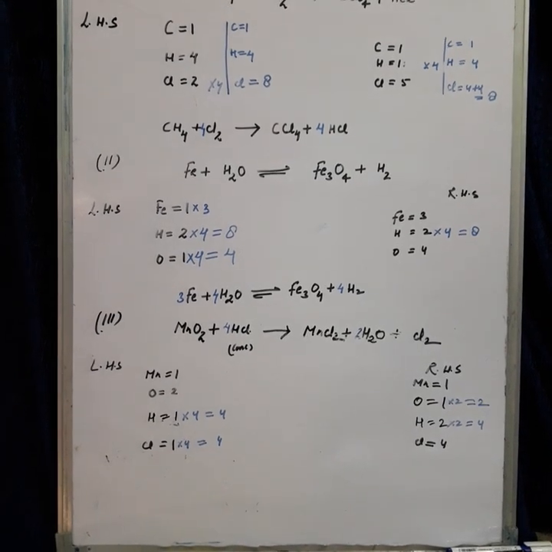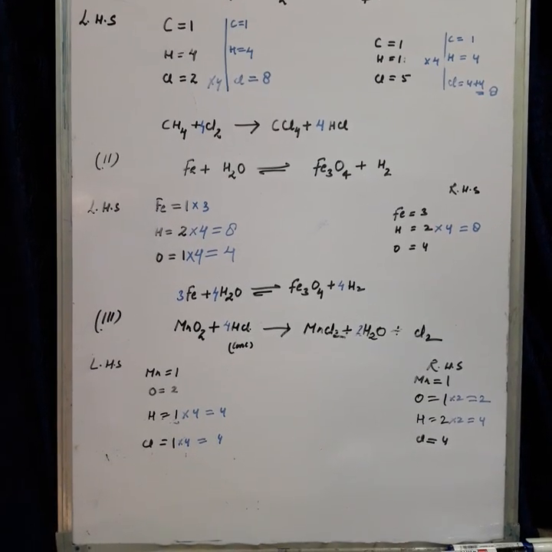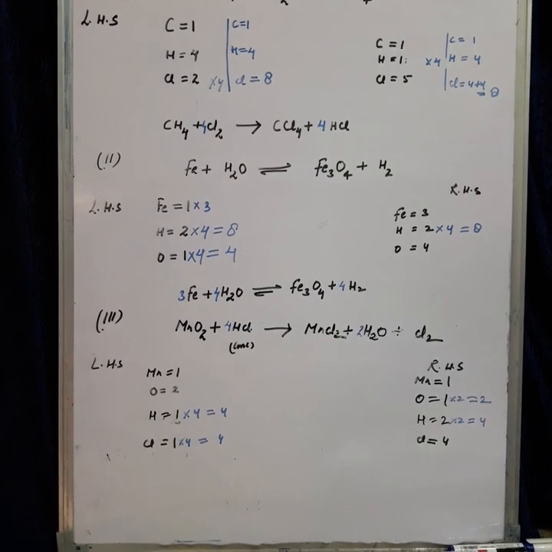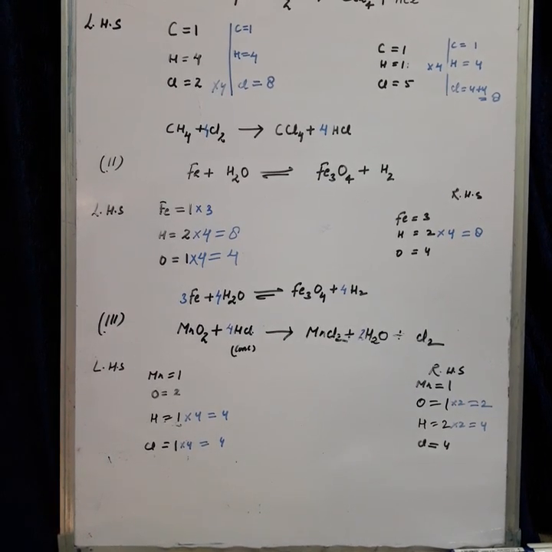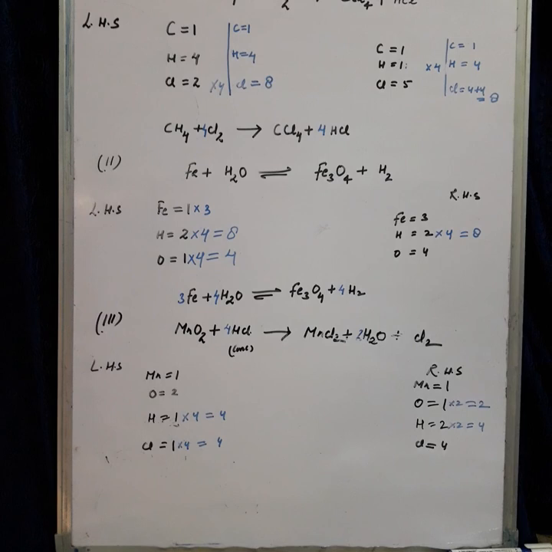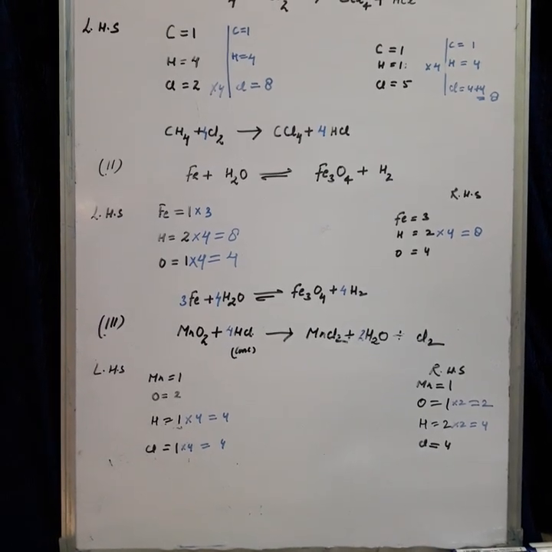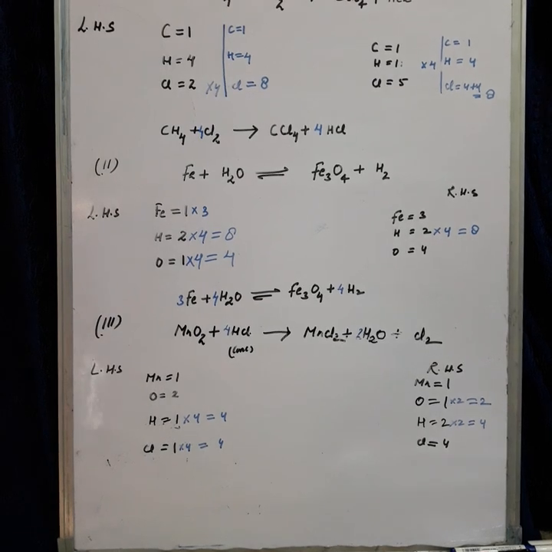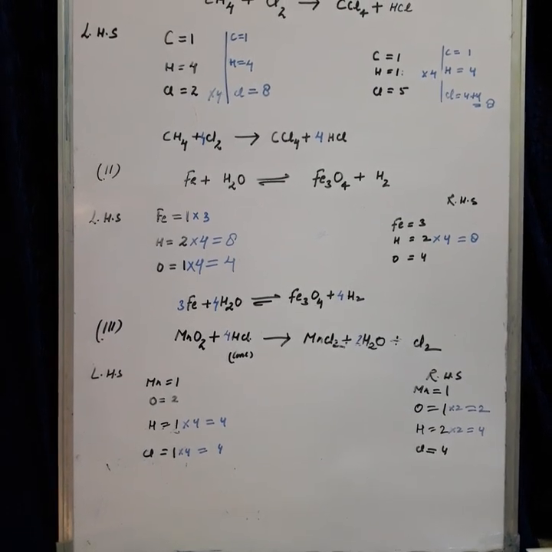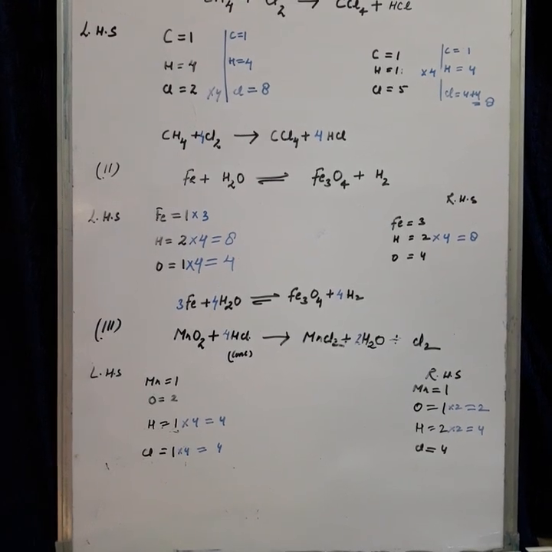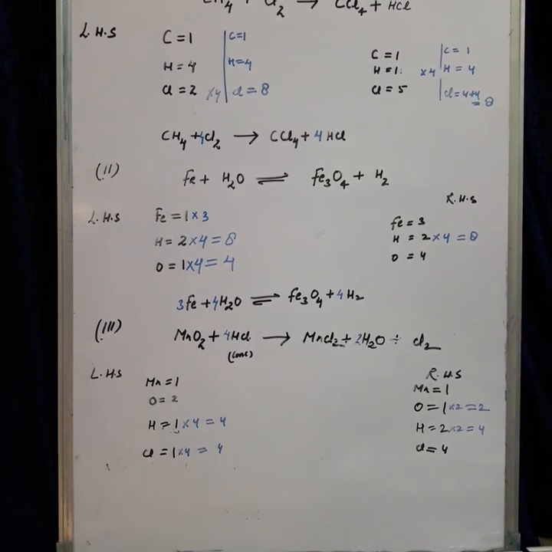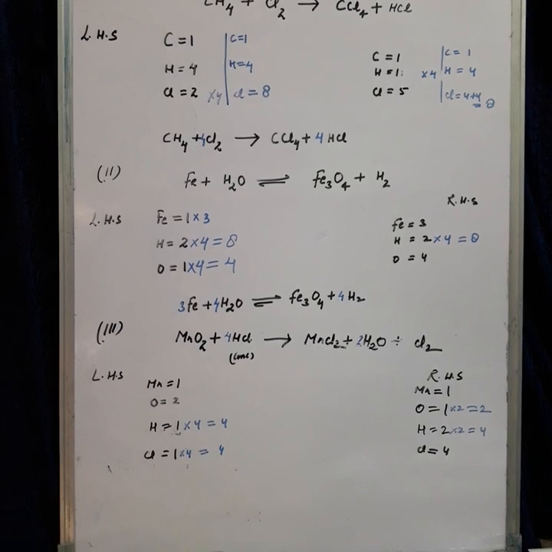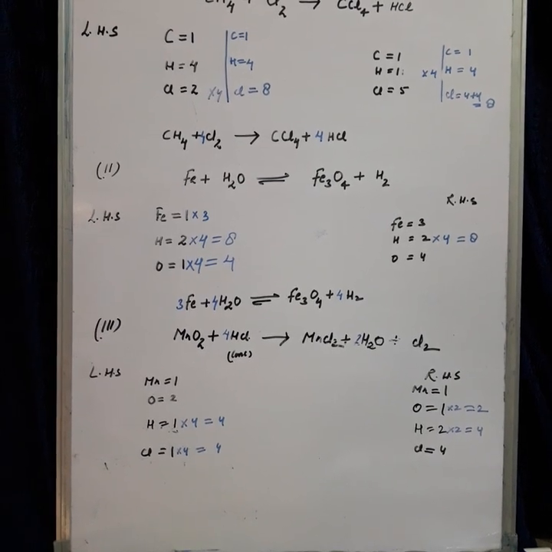So start with the metal. Okay, so to balance iron, multiply iron by 3 on the left hand side. On the right hand side we have 3 iron, on the left hand side only 1 iron, so multiply iron by 3. So now the number of iron atoms is the same on both sides.